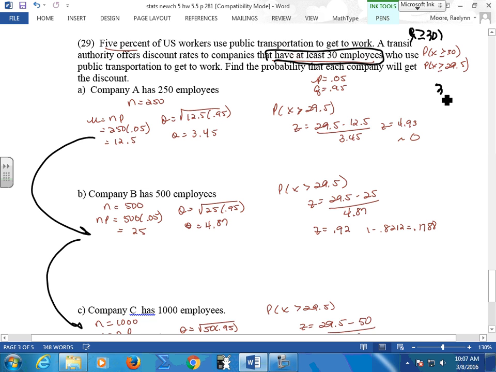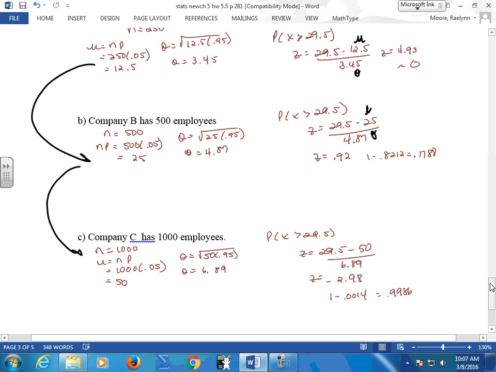Again, you can use 30, 31, drop this to 29.5. You use the same probability statement all the way through. But what changed is your mean and your standard deviation all the way through. And your mean and your standard deviation changed.